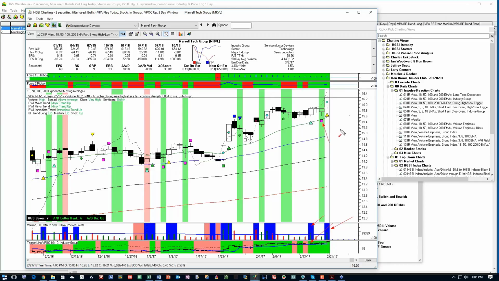And here is a confirmation of the test for supply. That's what the yellow triangle means. This triangle here, all of these are indicated right over here in the chart. High volume up bar closing on the high indicates strength. So like I said, they don't always work, but they work more often than not.